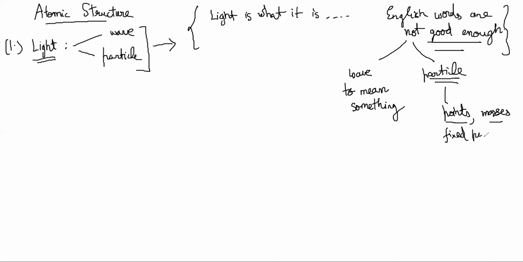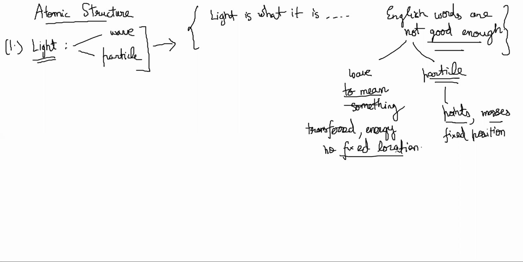And when I think of waves, I begin to think about something being transferred, some energy being transmitted through some space. No fixed location, so a wave doesn't have a position. You cannot say that a wave is this point. A wave is distributed over some space.